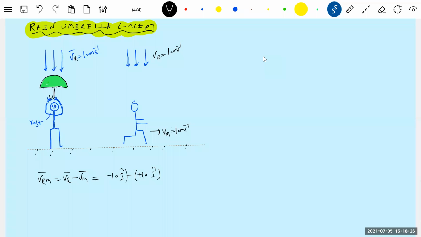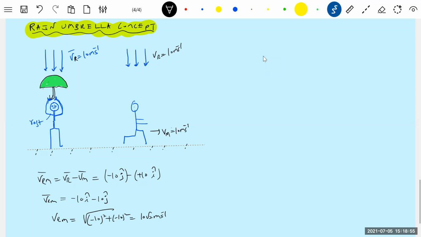We have to substitute all these signs, so this becomes minus 10 i cap minus 10 j cap. So what is the speed of the raindrops? VRM equals the square root of minus 10 whole square plus minus 10 whole square, which is 10 root 2 meter per second.